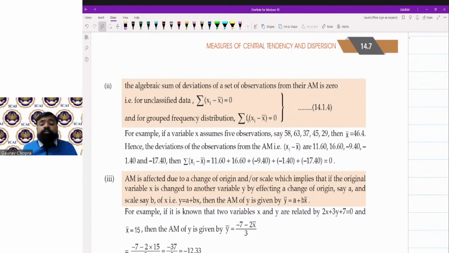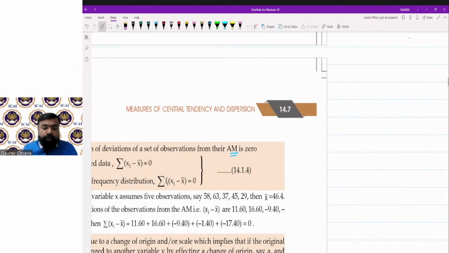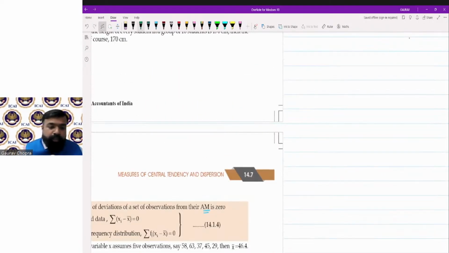Second property, the algebraic sum of deviations taken from arithmetic mean is 0. Let's prove this. If we have the series 2, 4, 6, 8, and 20, first calculate the arithmetic mean.